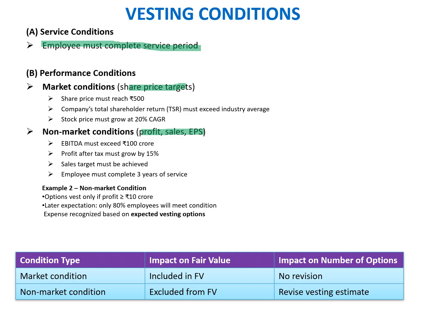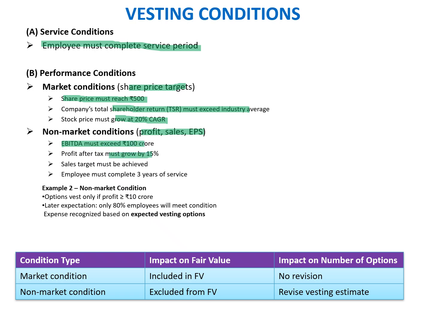If performance conditions are market conditions, typical examples would be: share price must reach 500, company total shareholder return must exceed the industry average, or stock price must grow by 20% on a CAGR basis. A non-market condition can be EBITDA must exceed 100 crore, or profit after tax must grow by 50%.